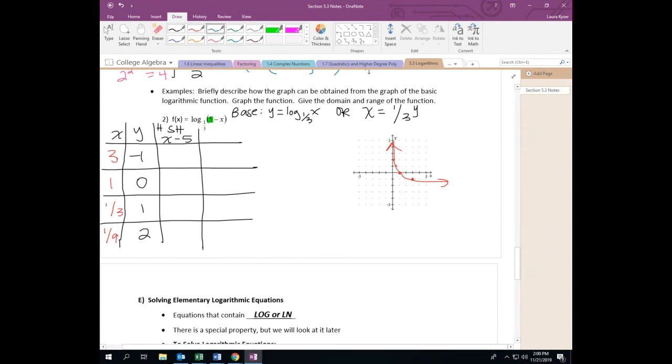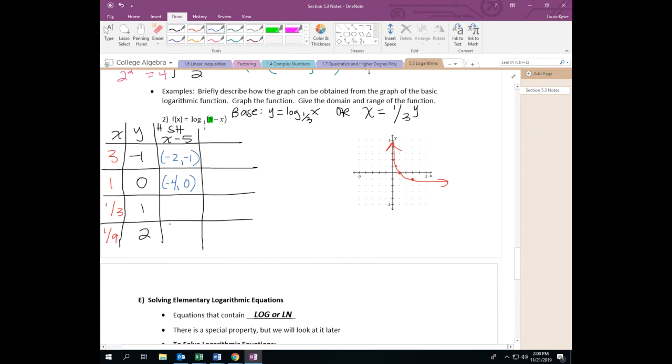So I'm going to begin with +3 minus 5, which is -2, -1. 1 minus 5, which is -4, 0. And then I'm going to do 1/3 minus 5, which is going to give me a decimal, and I'm going to use the decimal.